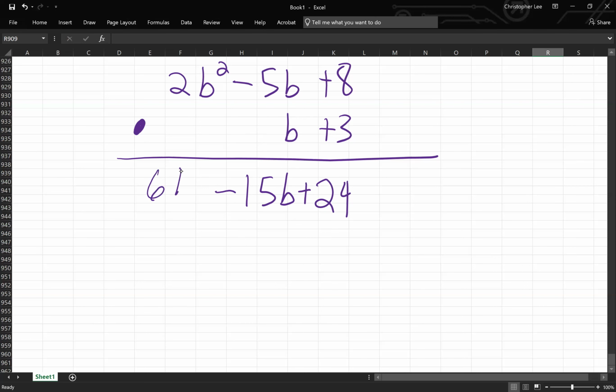Very good. And then 3 times 2b squared is going to be 6b squared. Perfect. Imaginary 0. Now b times 8 is what? 8b, right? So this is plus 8b. b times negative 5b is what?